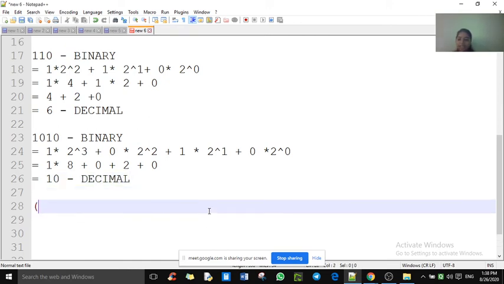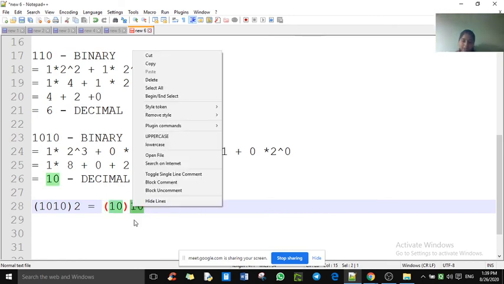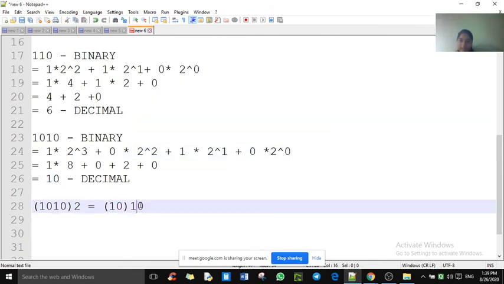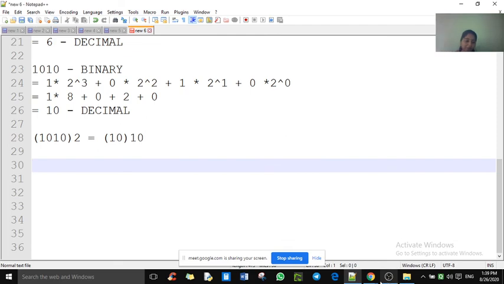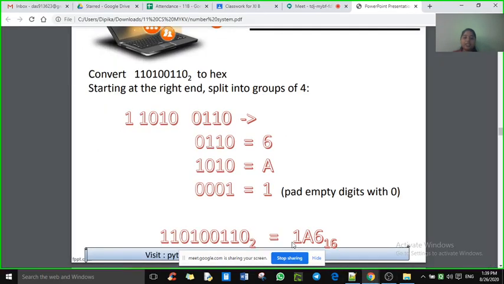So you will write the result as 1010 to the base 2 equals 10 in the decimal number system. Remember to write the 10 as a subscript. I hope you know how to write the base of the number system, is it, Aisha? Yes, ma'am.